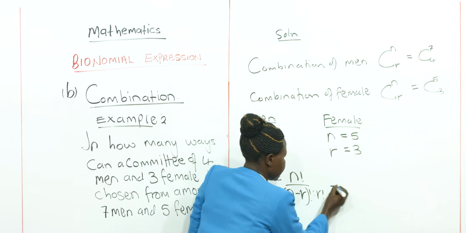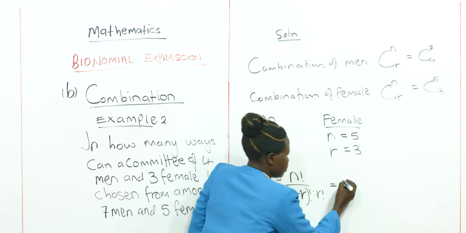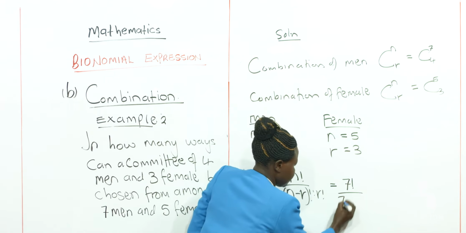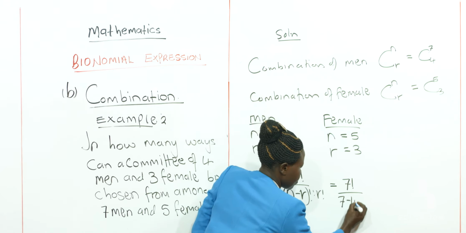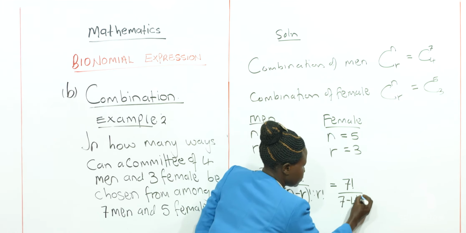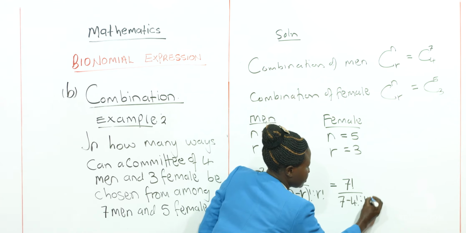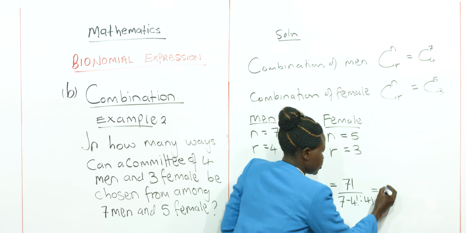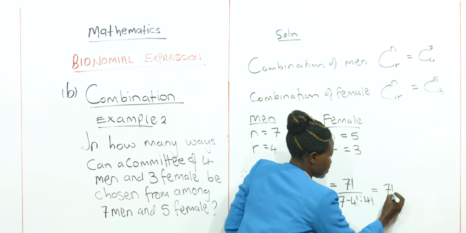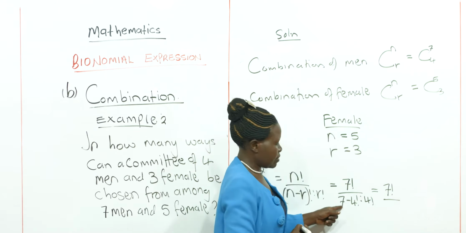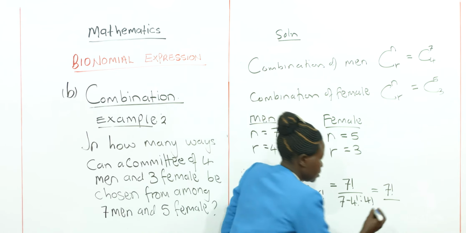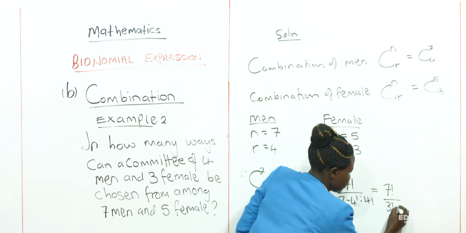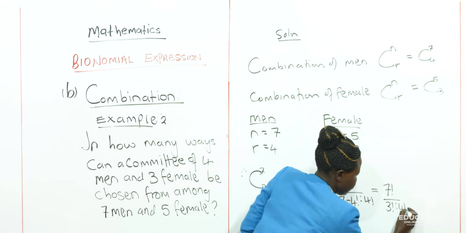Now we substitute. This is 7 factorial over 7 minus 4 factorial times 4 factorial. So you get 7 factorial over 3 factorial times 4 factorial.